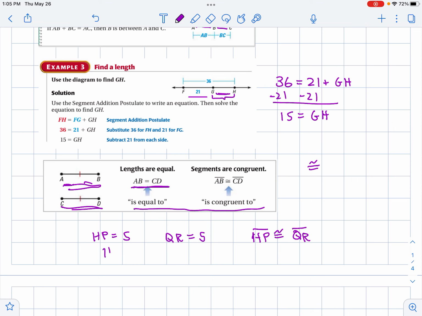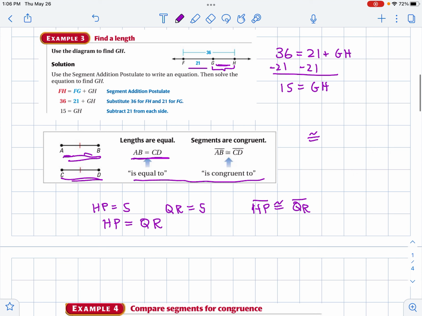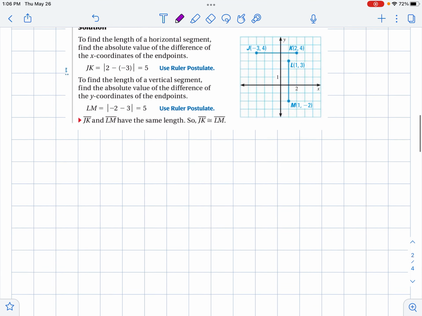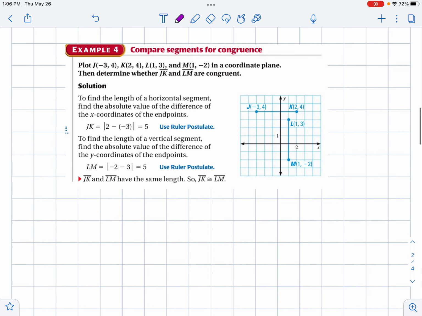So over here, HP is equal to QR, but if we talk about the segments, in other words, that's the measurements. So make that distinction. If you put a line above it, then you talk about congruence.